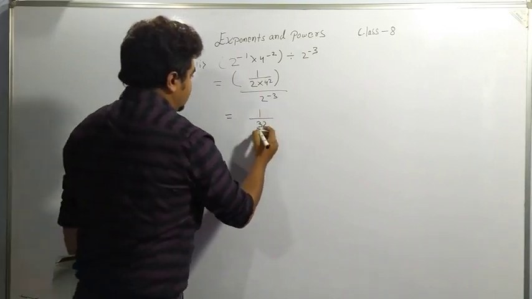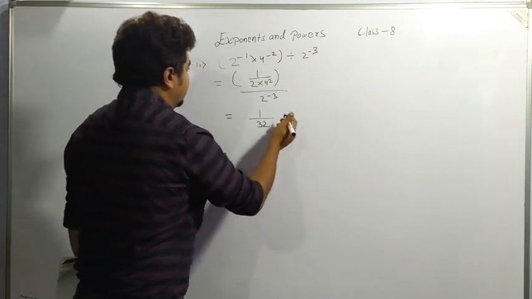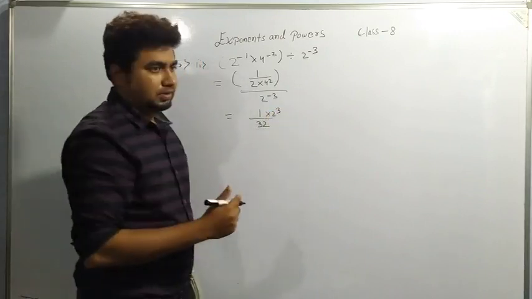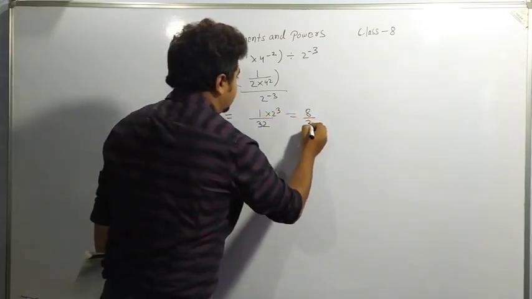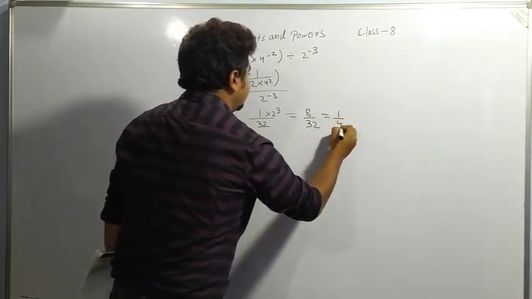And this 2 to power minus 3, when going to numerator, will become plus. So it will become 2 to power 3. So this is 8 by 32, which is equal to 1 by 4.